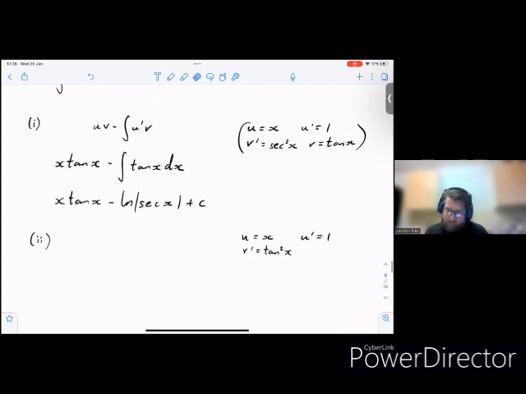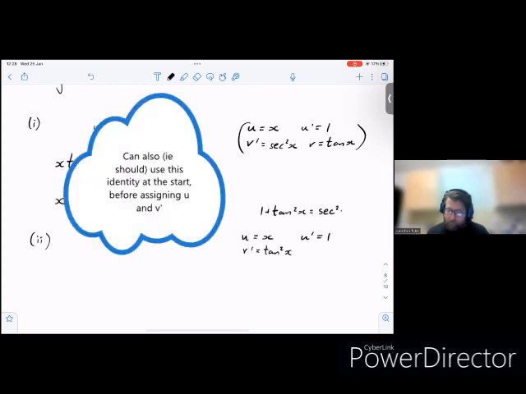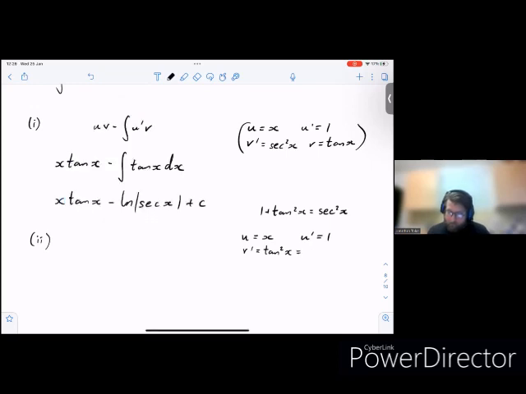In order to integrate tan squared, we're going to need to use the identity 1 plus tan squared x equals sec squared x. Okay. So v dash is sec squared x minus 1, which means v is the integral of that, which is tan x minus x. Okay.